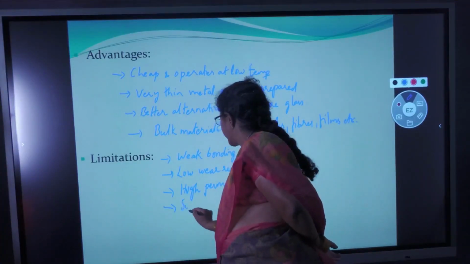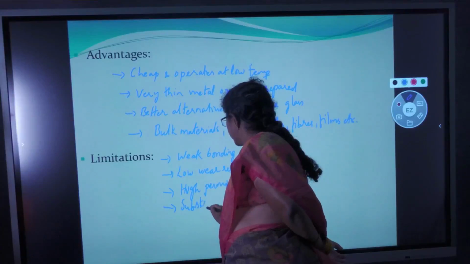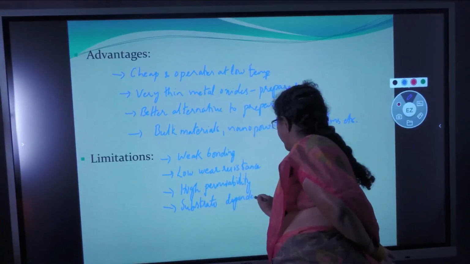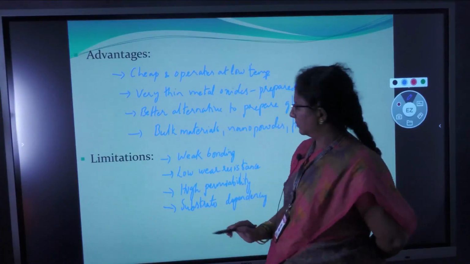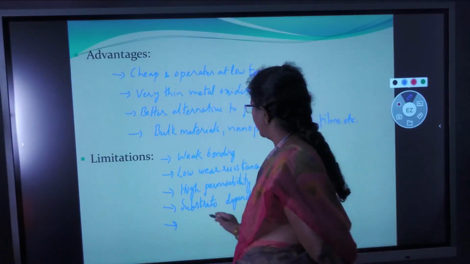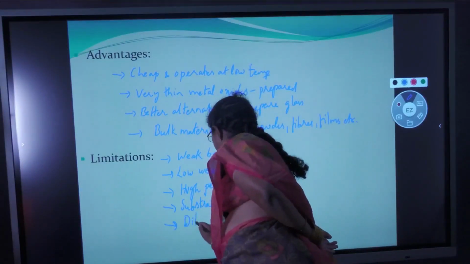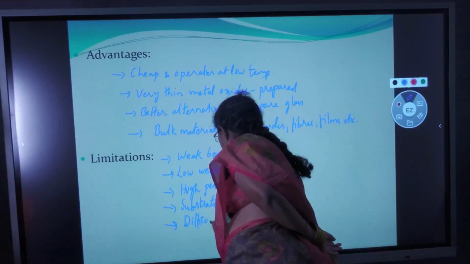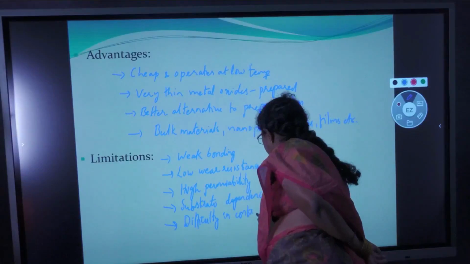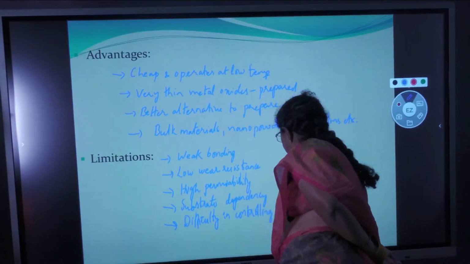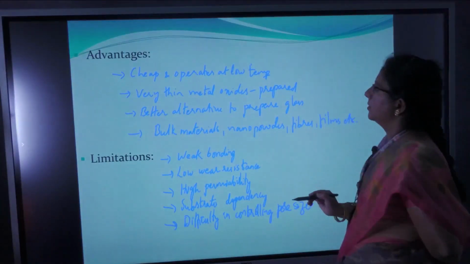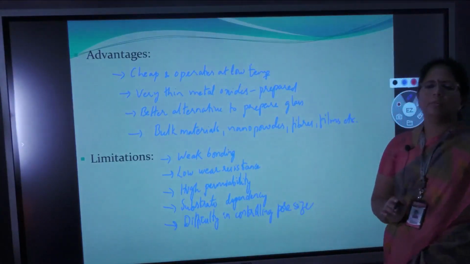Substrate dependent, or we can say substrate dependency. Difficulty in controlling the pore size. So these are the limitations of Sol-Gel method.